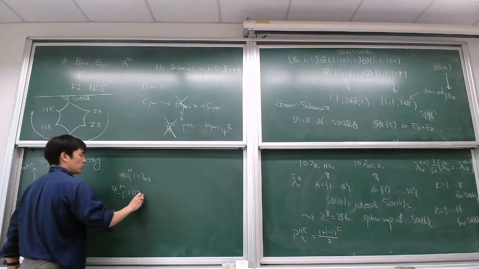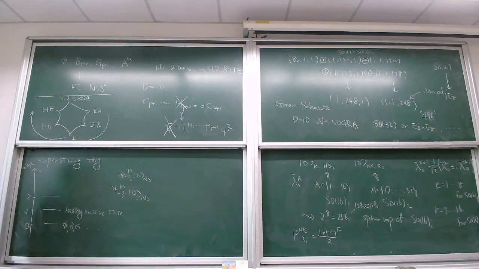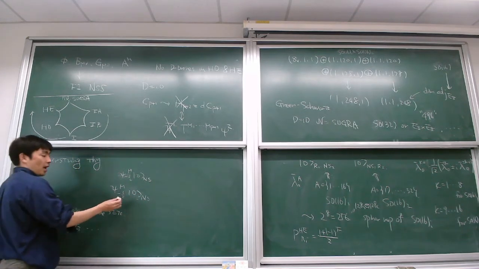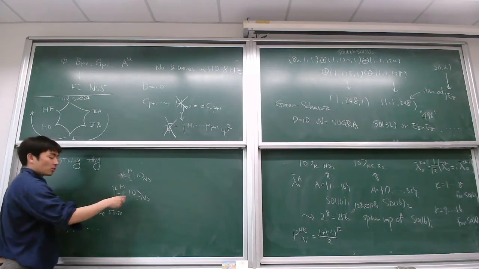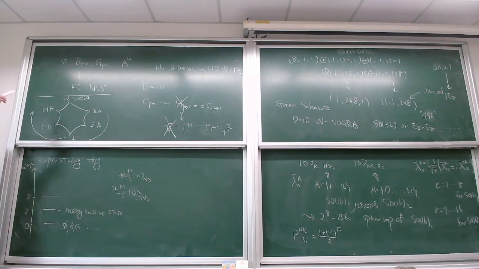For the state to be preserved under the GSO projection, it goes minus 3/2, so maybe 5/2 and so on. That will create higher massive modes.